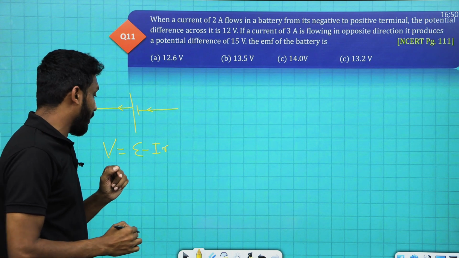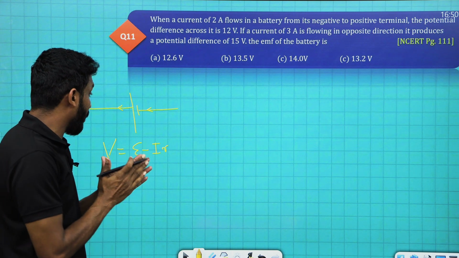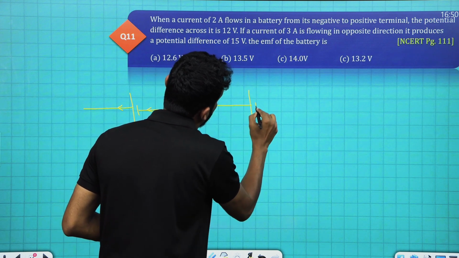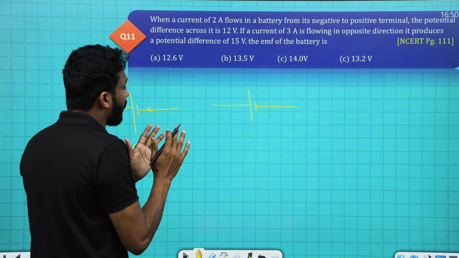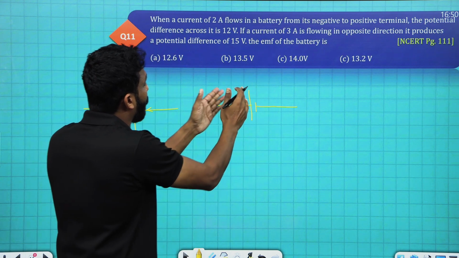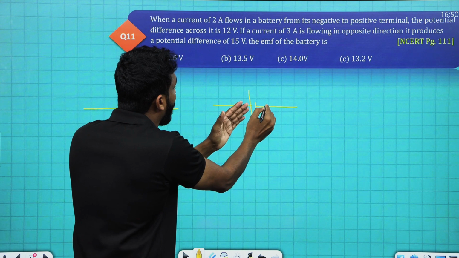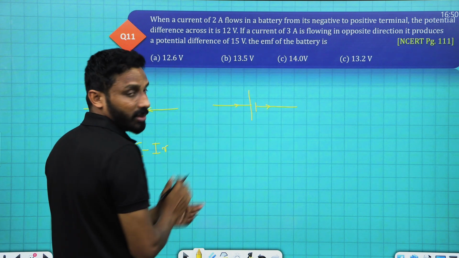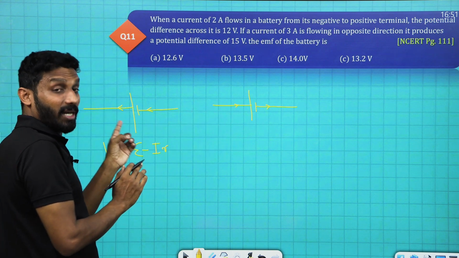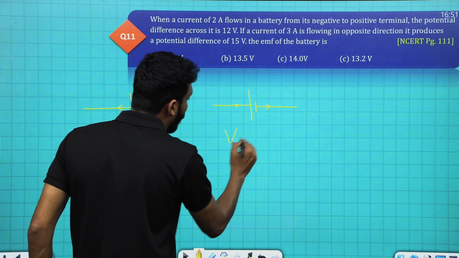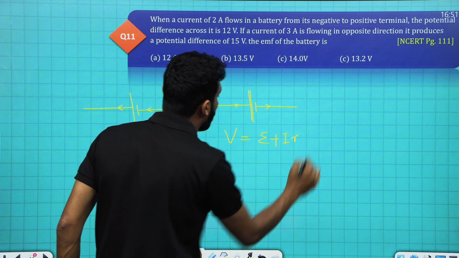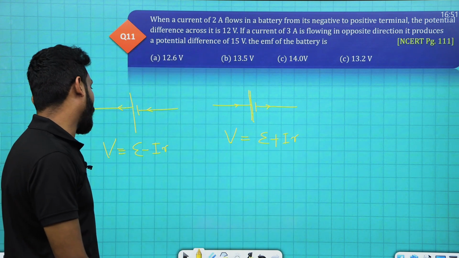And in the second situation, for the same cell, the current is flowing in the opposite direction, meaning from positive to negative in the battery. This is being charged. In this situation, V equals E plus IR. Understood?